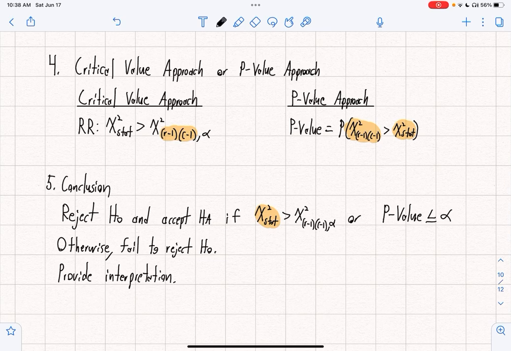Otherwise, we'll fail to reject the null hypothesis, and we should always provide an interpretation. So, like I said, these steps are essentially identical to our earlier chi-squared test. Really, it's just the degrees of freedom which are new: r minus 1 times c minus 1. Before, we just had c minus 1.